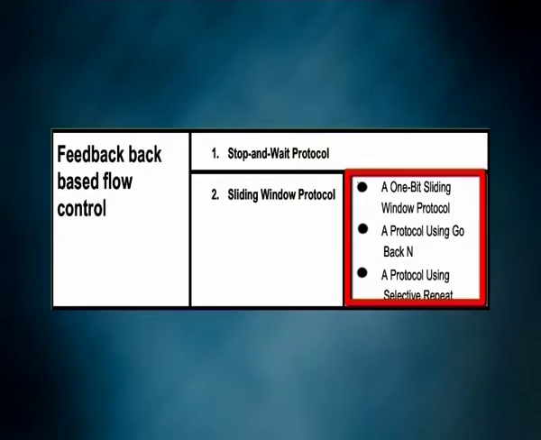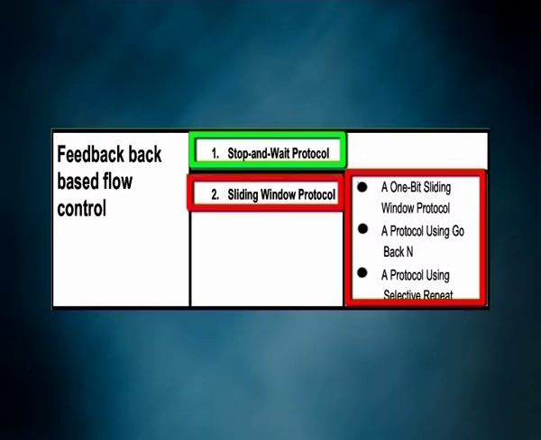There are two types of flow control as shown in the table: stop and wait protocol and sliding window protocol. Sliding window protocol has three types, which are 1-bit sliding window protocol, protocol using go back N, and protocol using selective repeat.